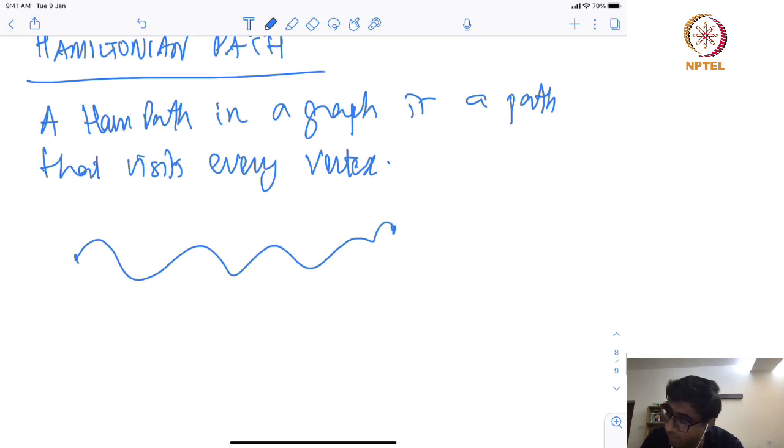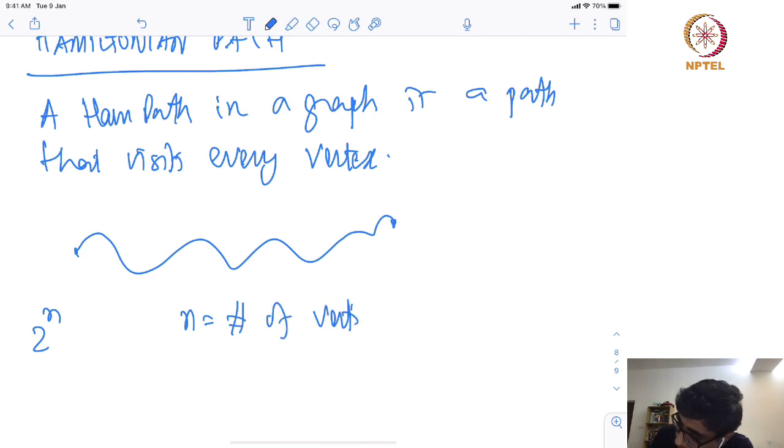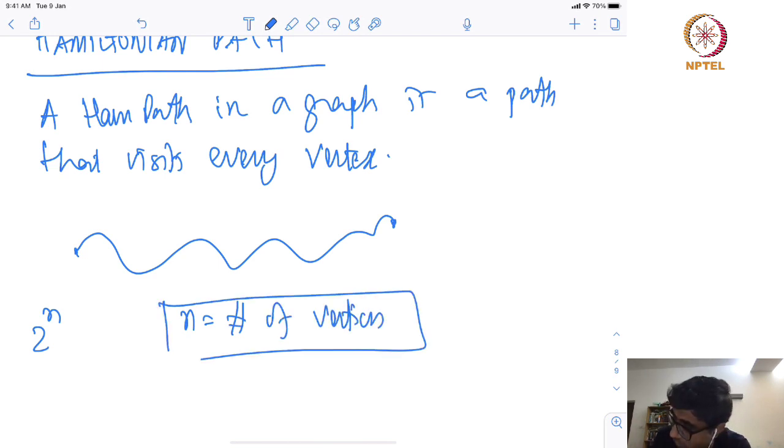It is a well-known classical NP-hard problem, and what we are going to give now is a 2 to the power n algorithm, where n is the number of vertices.